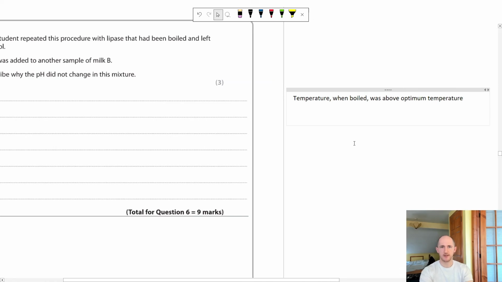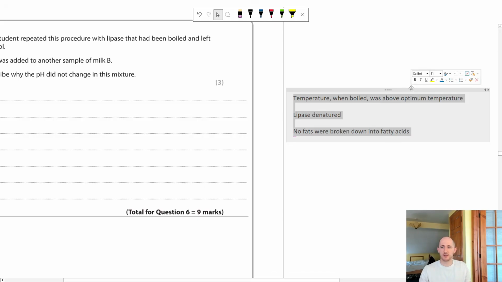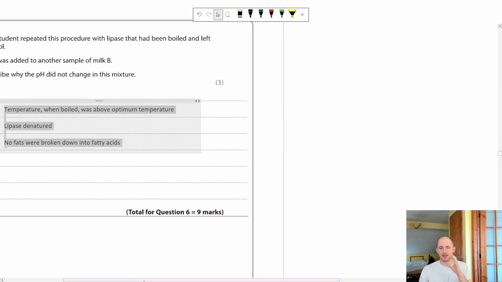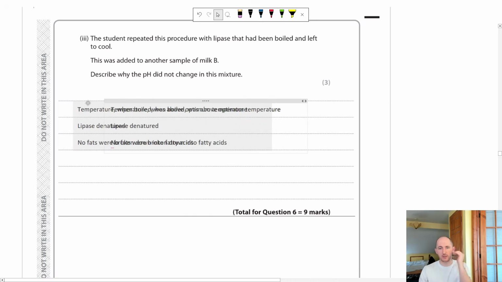Okay? Meaning the lipase denatured, broke down. Which means no fats were broken down into fatty acids. Hence there's no change in the pH. Again, I'm hoping that you can kind of see my thought process.